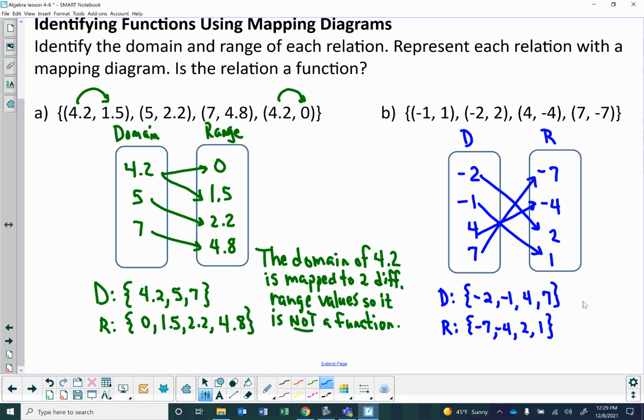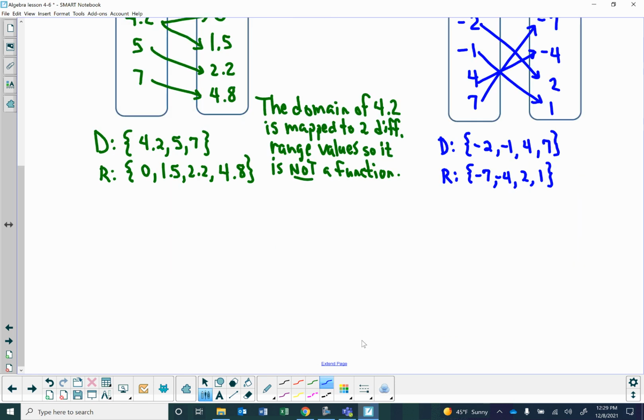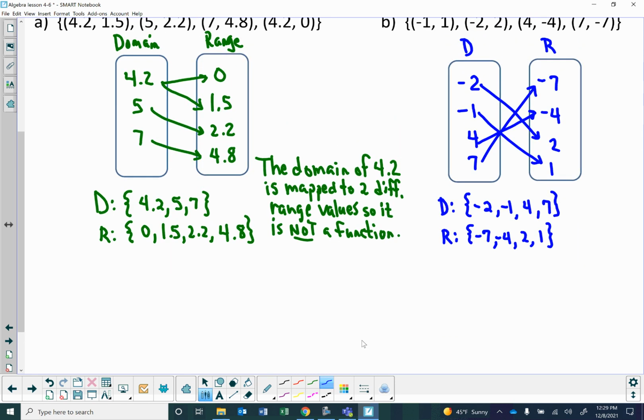Okay, so this is definitely a function, because each domain value is mapped to only one range value.